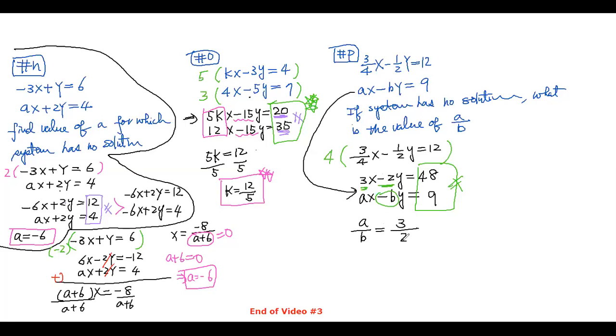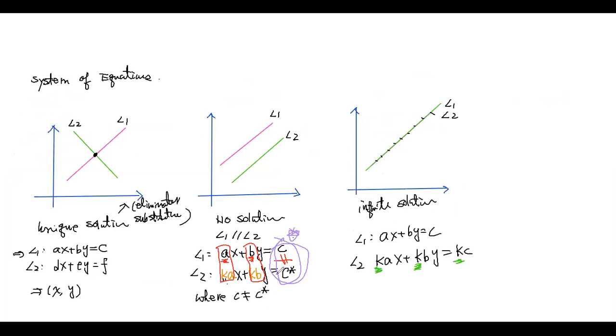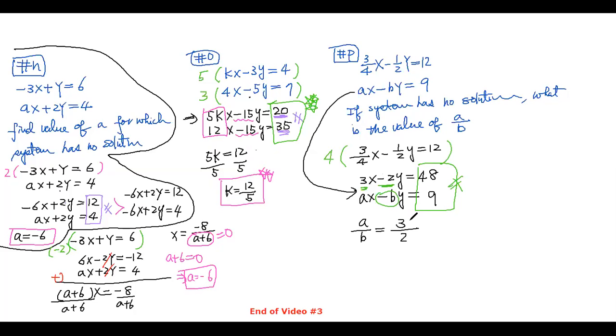Because negative b, negative 2. Because a is some constant times 3, b is some constant times 2. So you can say a could be 3 times k and b is 2 times k, and then the k and the k cancel. So that's why the ratio is 3/2, and that is your solution here.